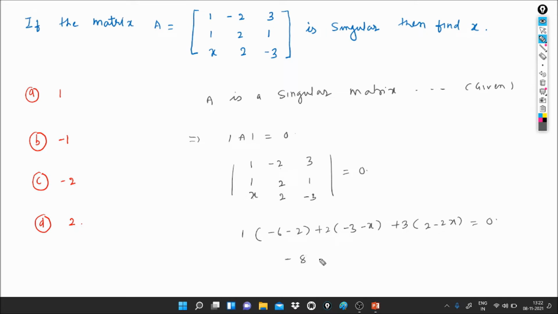It is minus 8 minus 6 minus 2x plus 6 minus 6x is equal to 0. So minus 6 plus 6 will get cancelled. So minus 8 minus 8x is equal to 0. This implies minus 8x is equal to minus 8 plus 8. So x is equal to 8 upon minus 8, which means minus 1. B will be our answer.